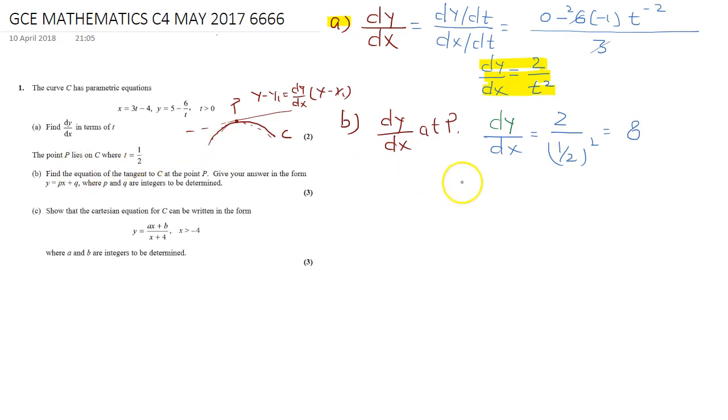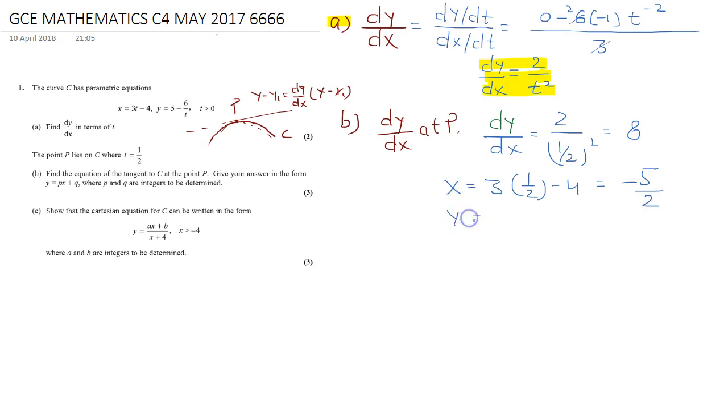Second, what is the value of x? We know x is 3 times t, and t is half, minus 4. So that is 3 over 2 minus 4, which is minus 5 over 2.